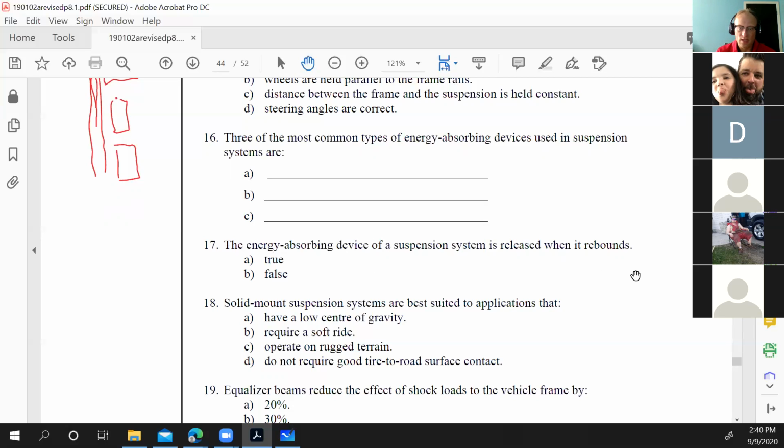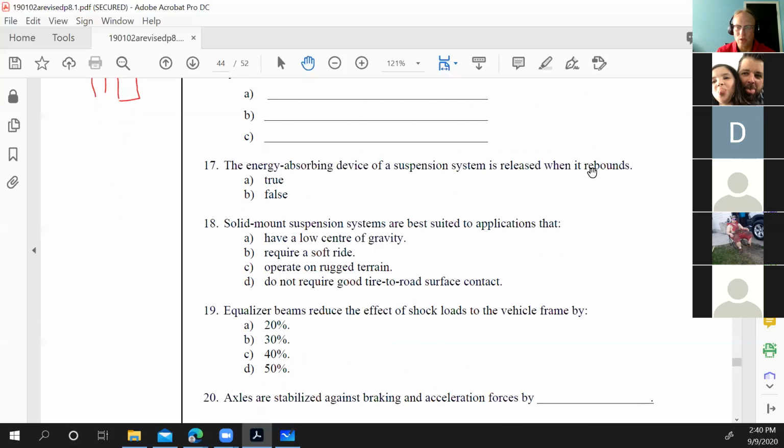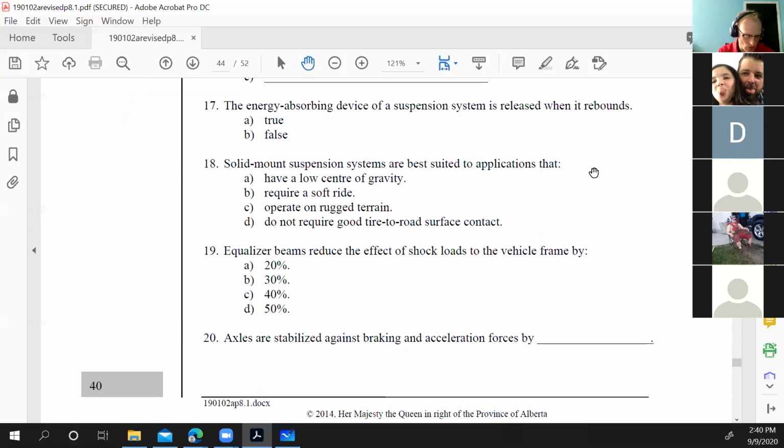Energy absorbing device of a suspension system is released when it rebounds. So this was a question where we were talking about semantics. A little bit, someone had asked about it. That is true.